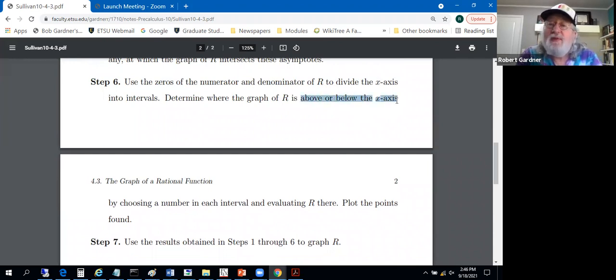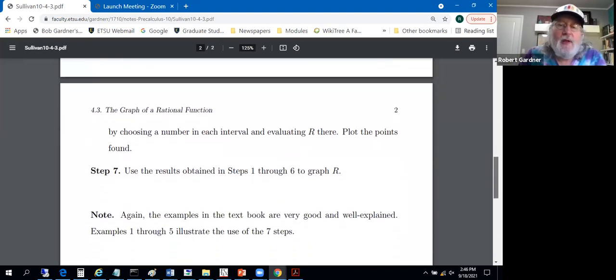As we've discussed previously, we know these functions are always positive or always negative between the zeros of the numerator and the denominator. That would be between x-intercepts and between vertical asymptotes. And then graph it using all of that information.